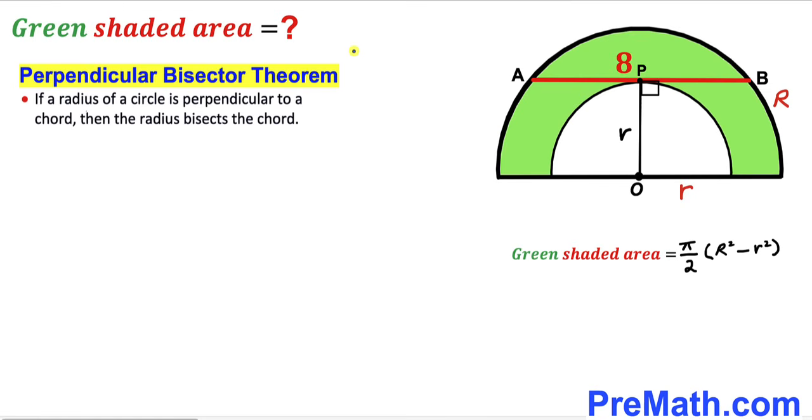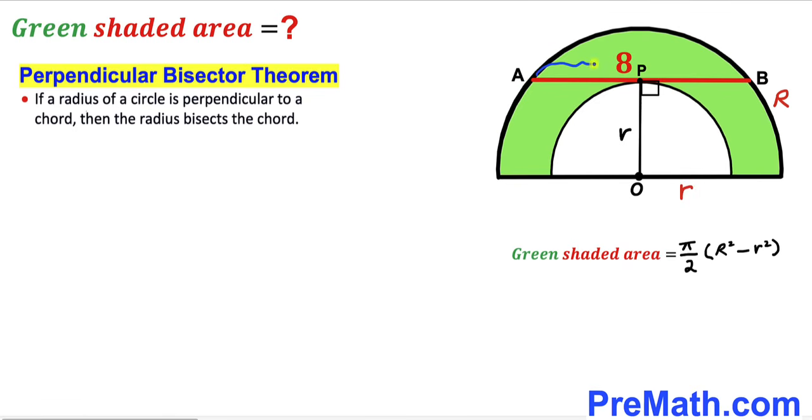Now let's recall the perpendicular bisector theorem. According to this theorem, if a radius of a circle is perpendicular to the chord, then the radius bisects the chord. So we conclude that this radius is going to bisect this chord AB into two equal parts.